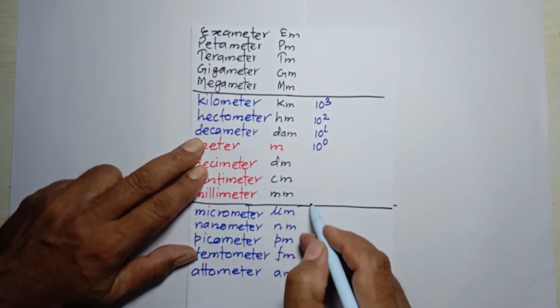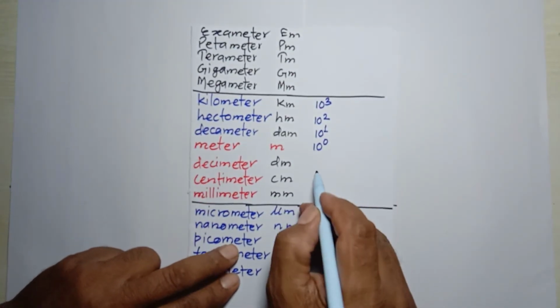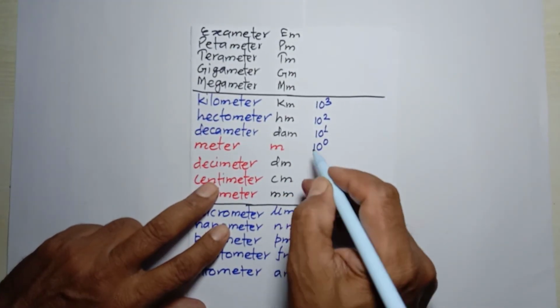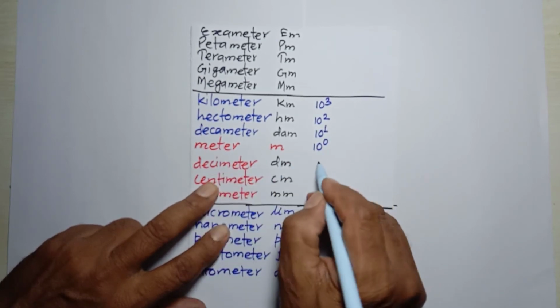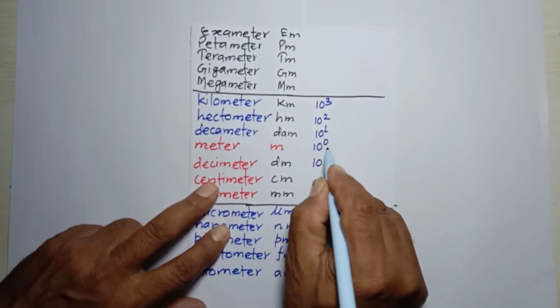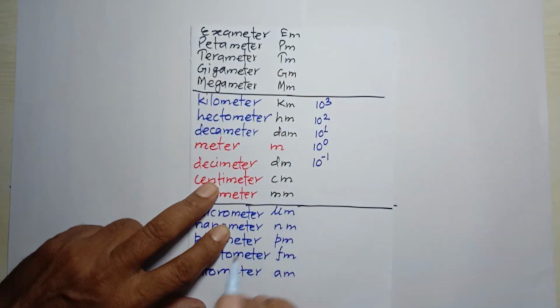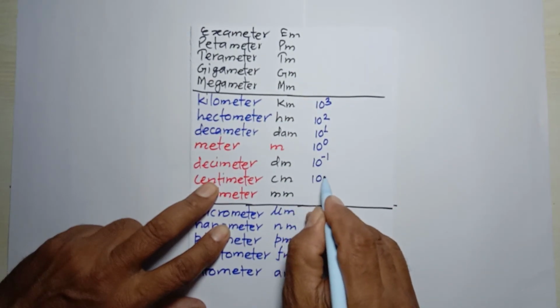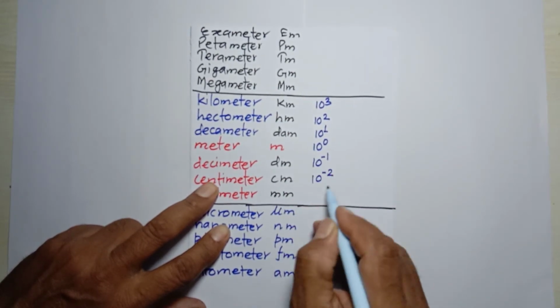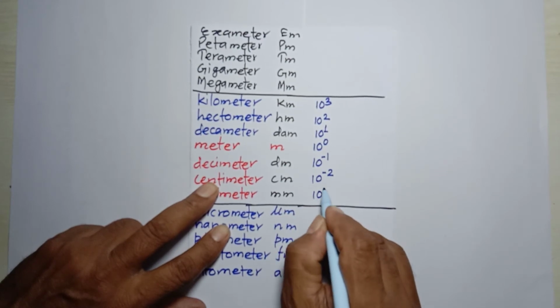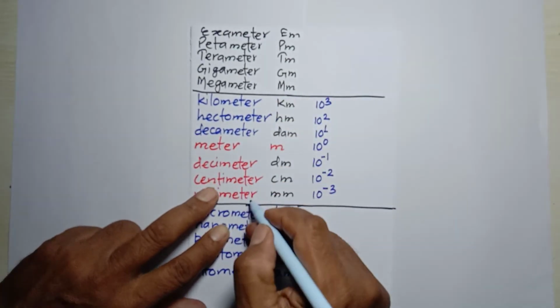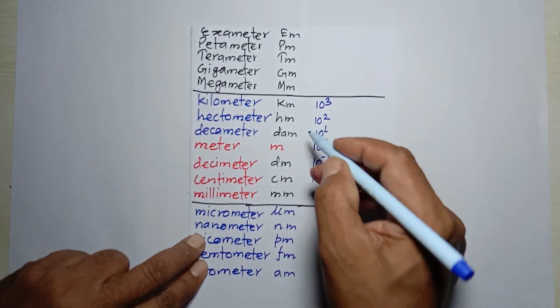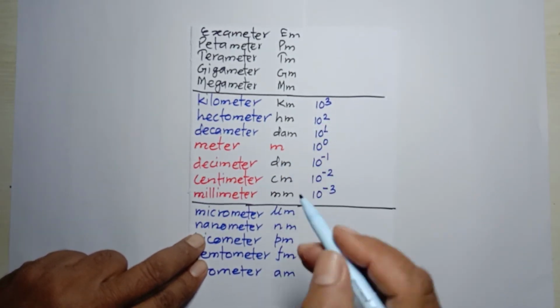In the same way, on the lower side, decimeter is 10 times less than meter. That's why 10 to the power, instead of 0, now minus 1. Then 10 to the power minus 2, and 10 to the power minus 3. These quantities are related in terms of multiples of 10.